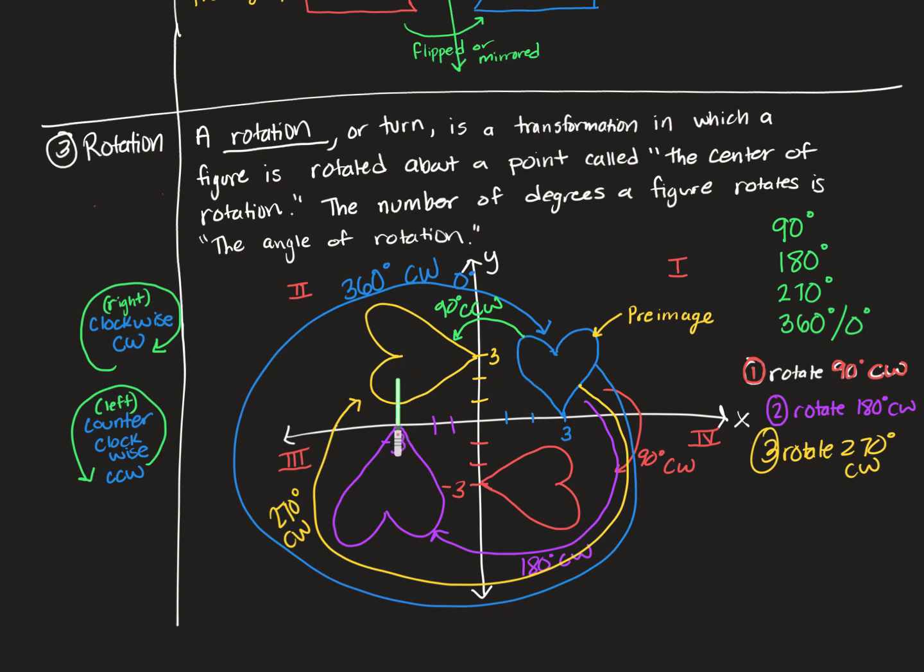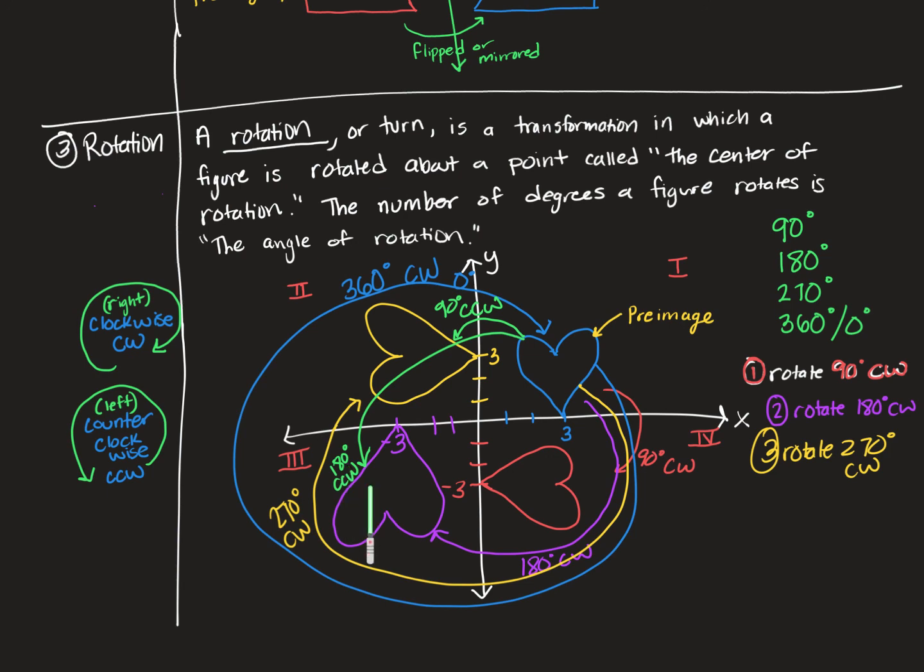Now, if I rotate 2 quadrants, that's 180 degrees counterclockwise. Actually, I should write it down here. That's 180 degrees counterclockwise, which is the same thing as 180 degrees clockwise.